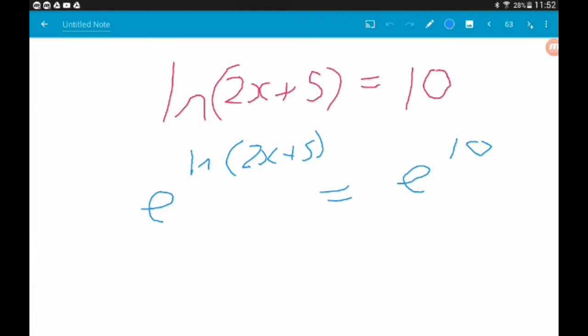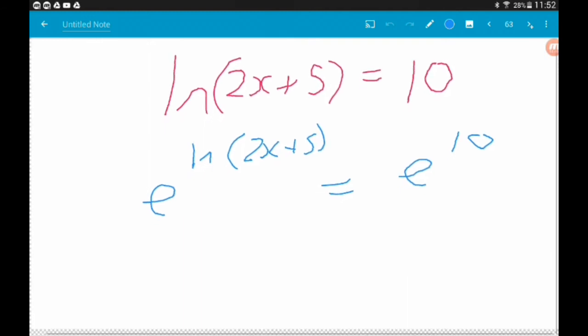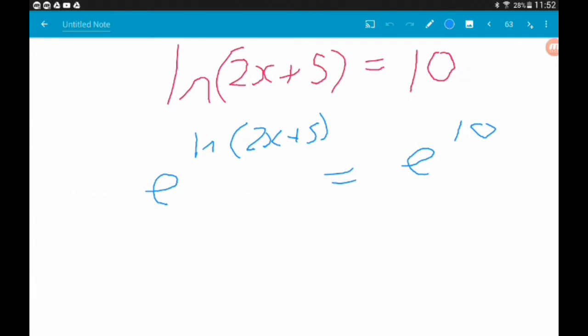Now on the left hand side, e to the power of a natural log, they cancel out. So on the left we just get left with 2x plus 5. So 2x plus 5 is equal to e to the power 10.